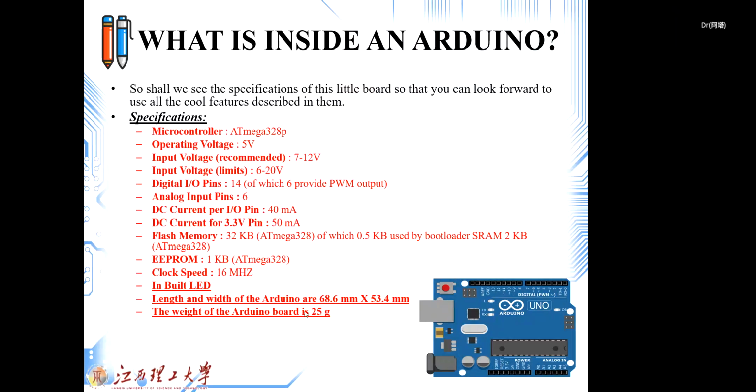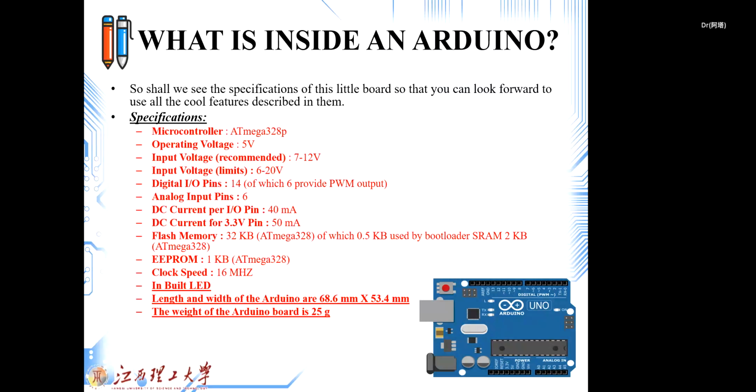One thing which is more important here is that you have the flash RAM size of 32 KB, and from that part, 0.5 KB will be used by the bootloader, and SRAM of 2 KB you have. Okay.